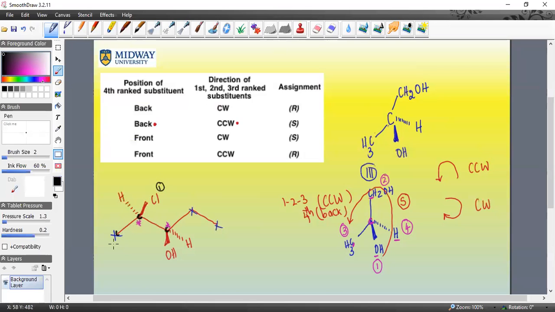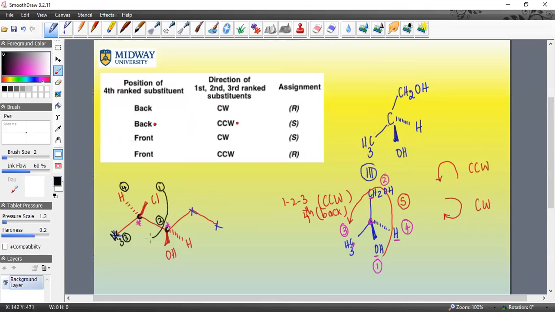Now then we move to the side. This is attached to 3 hydrogens, whereas this carbon is attached to a whole bunch. So this is number 2, and this is number 3, this is number 4. I'm going to give different colors of 1, 2, 3, 4 for each carbon. Now you figure out whether it's clockwise or counterclockwise by connecting the 1, 2, 3s.